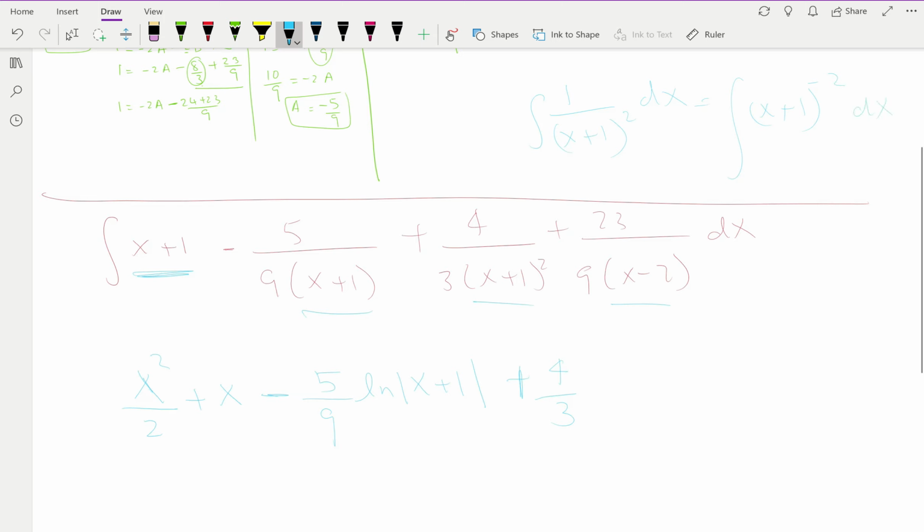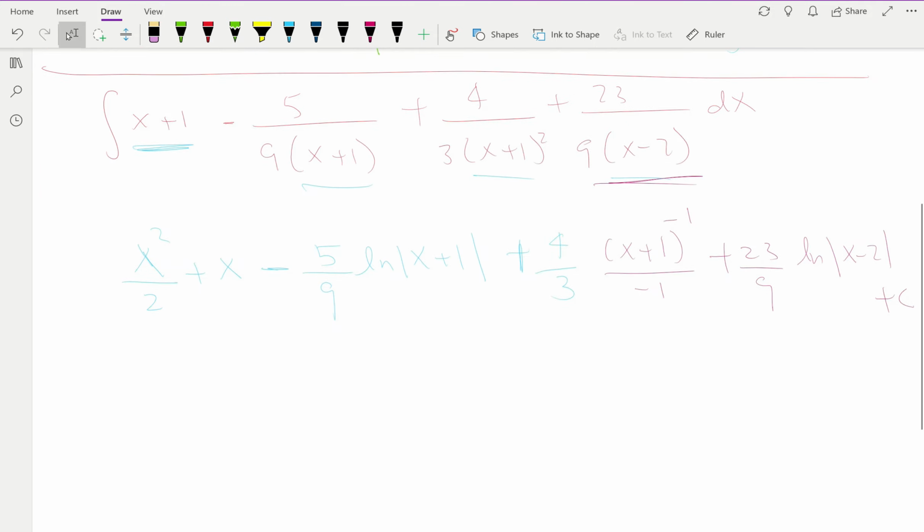If you integrate x plus 1 to the power negative 2, you get x plus 1 to the power negative 1 over negative 1. Negative 2 plus 1 is negative 1, right? So that's what you get. Plus if you integrate this, 23 over 9, you get natural log absolute value of x minus 2 plus arbitrary constant c.